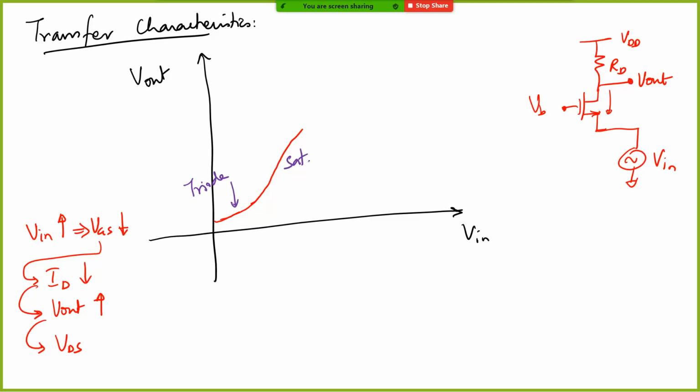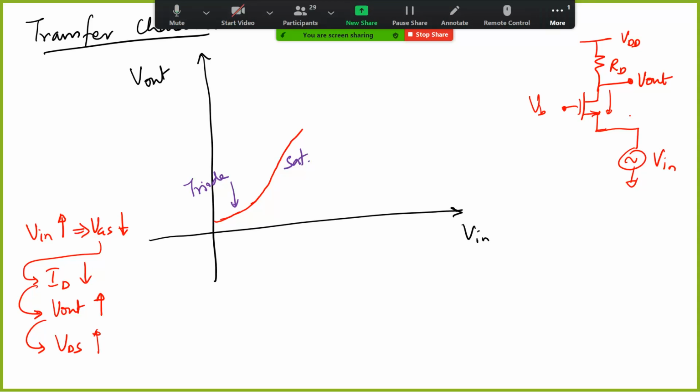Beyond a certain point, right? And then what happens as you keep increasing Vin? Just imagine if you keep increasing Vin. Yeah, someone said something, I couldn't hear.